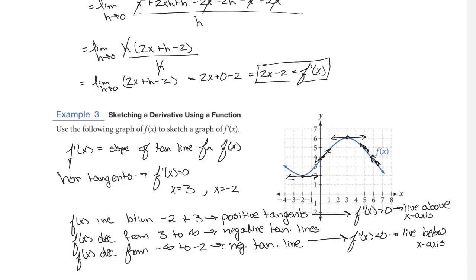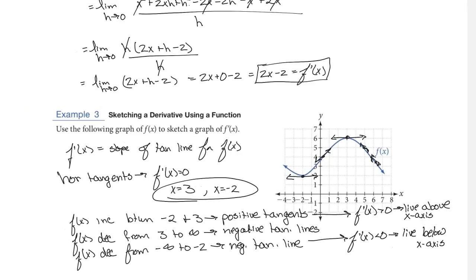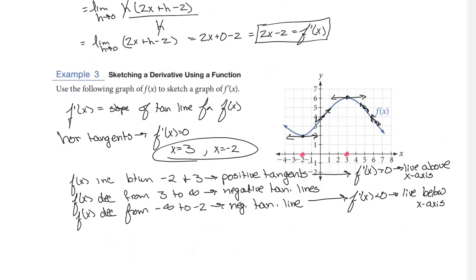So we know that the graph of the derivative is going to cross the x-axis at 3 and negative 2. The question is, is it going to do this or is it going to do this? We have to live above the x-axis between negative 2 and 3 because our outputs for the derivative are going to be positive.